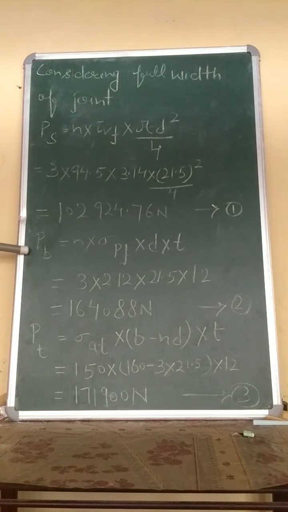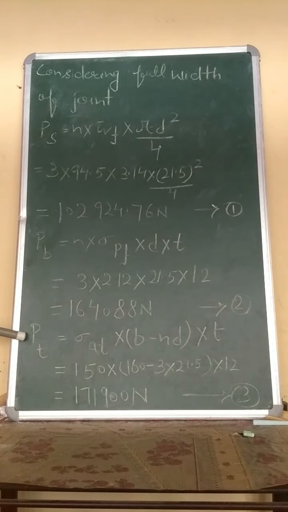PB, bearing strength of the joint, is equal to N into sigma PF into D into T. Putting all the values in the equation, 3 into 212 multiplied by 21.5 multiplied by 12, we get 164088 Newton.